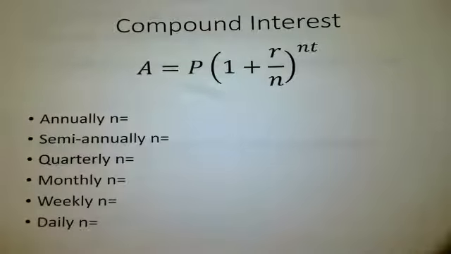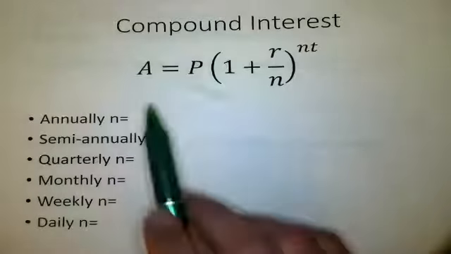This is the formula that we use for compounding interest. I don't know how many of you have a savings account, but when you have a savings account, you get a statement from your bank usually every month, and they tell you how much interest you earned that month. And it's usually on the order of 2 or 3 cents. It's a whole lot of money. So that is the bank compounding interest every month because they give you a statement every month. And really that just means how often do we calculate the interest that you're earning.